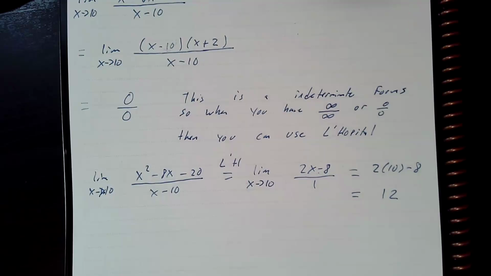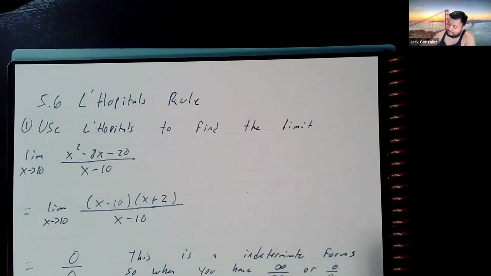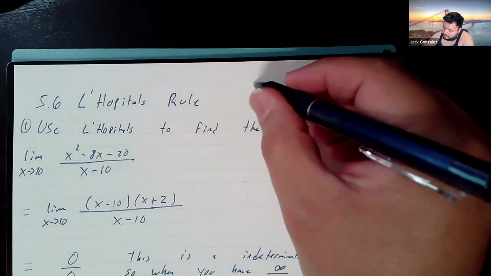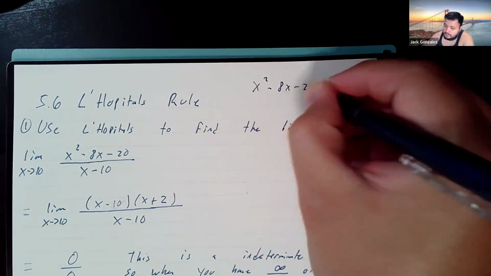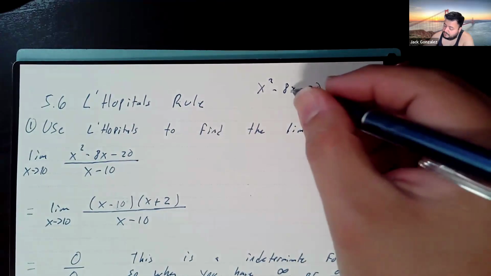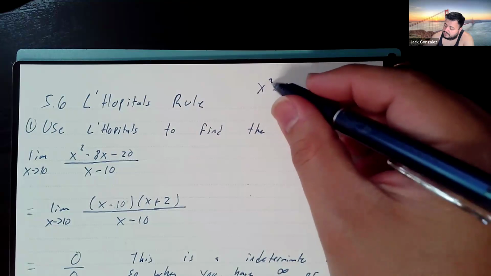I have a question. I'm still confused on how you got the 2x minus 8. Oh yeah, no worries. So when you do the derivative, right? The derivative of all these guys, the derivative of 20 is 0. Derivative of negative 8x is negative 8. And this is a power rule, right?